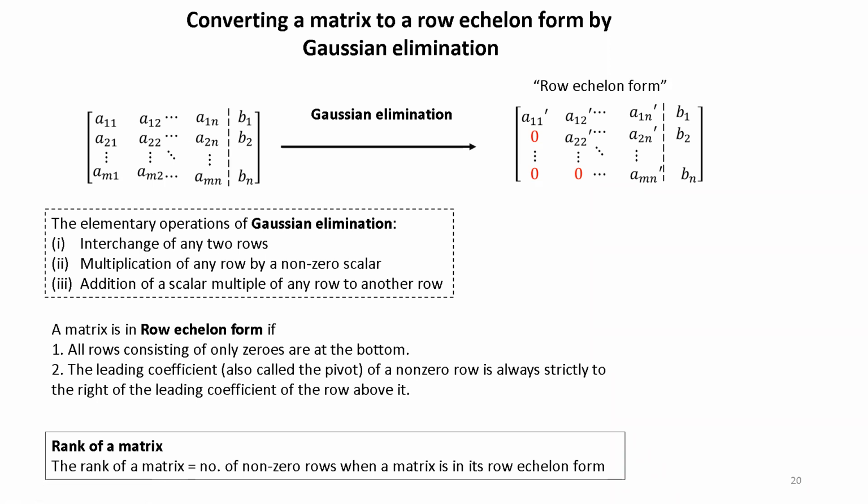The purpose is that with all these combinations of operations, you are going to make this augmented matrix into the so-called row echelon form.